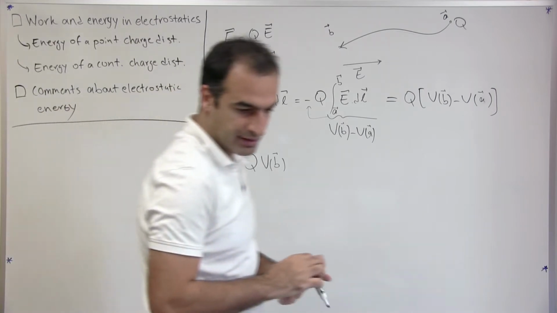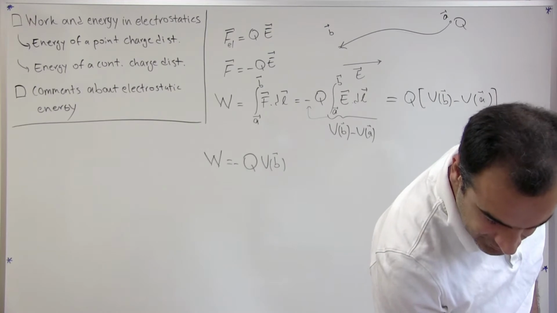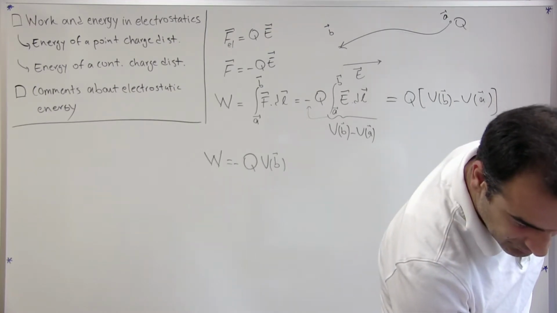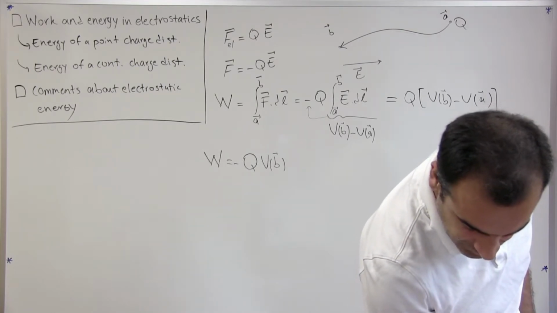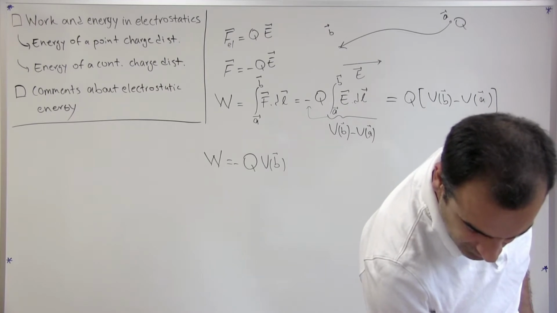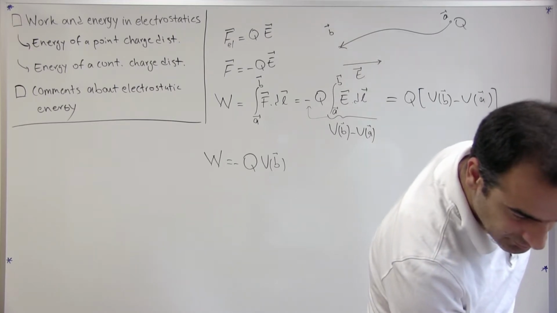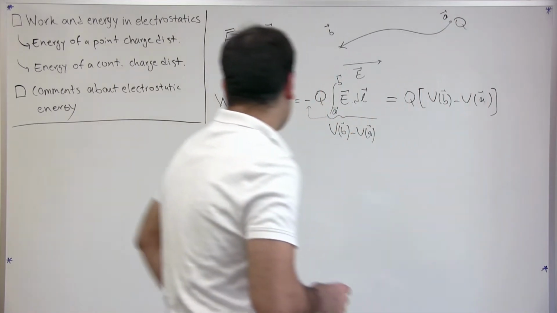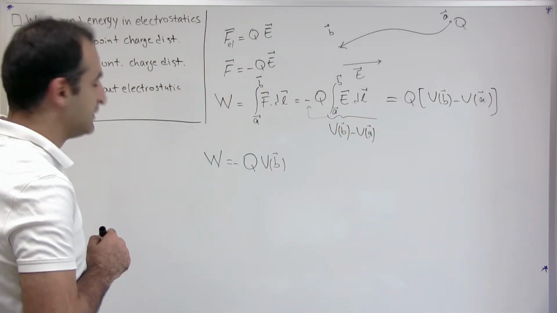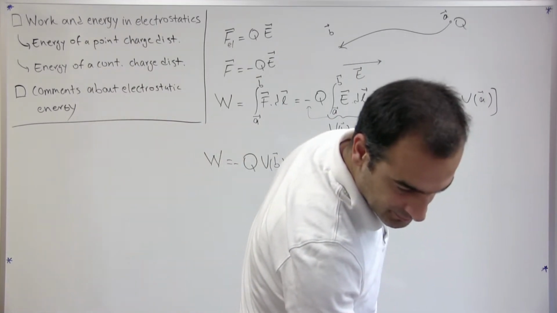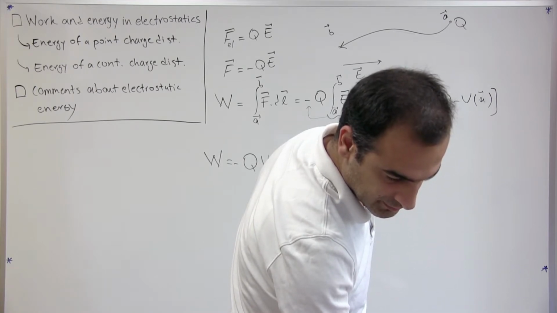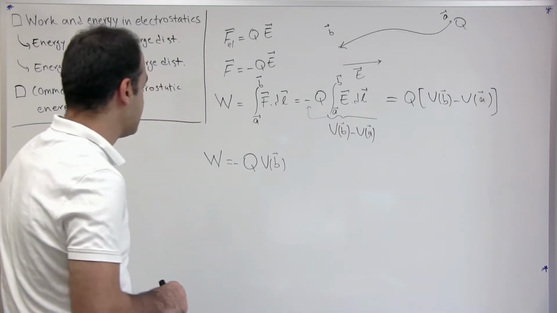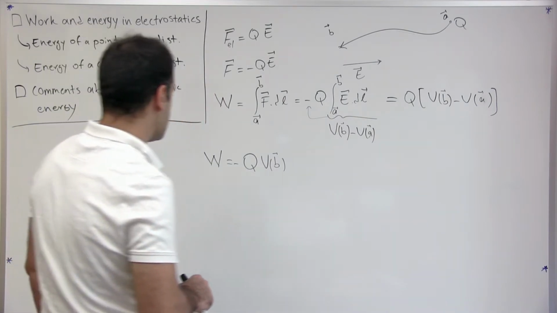Let me double check the sign here. Sounds good. So it is Q times VB minus VA.